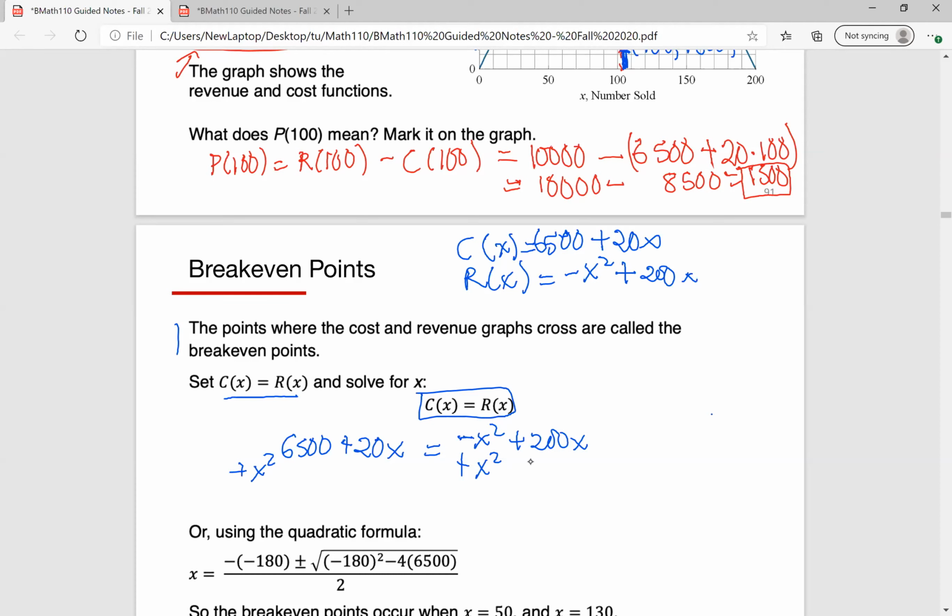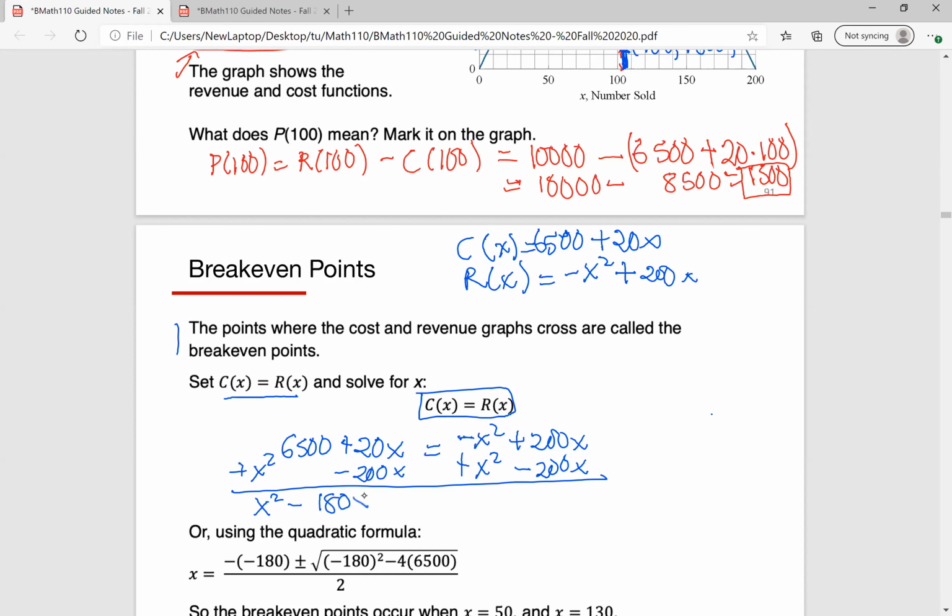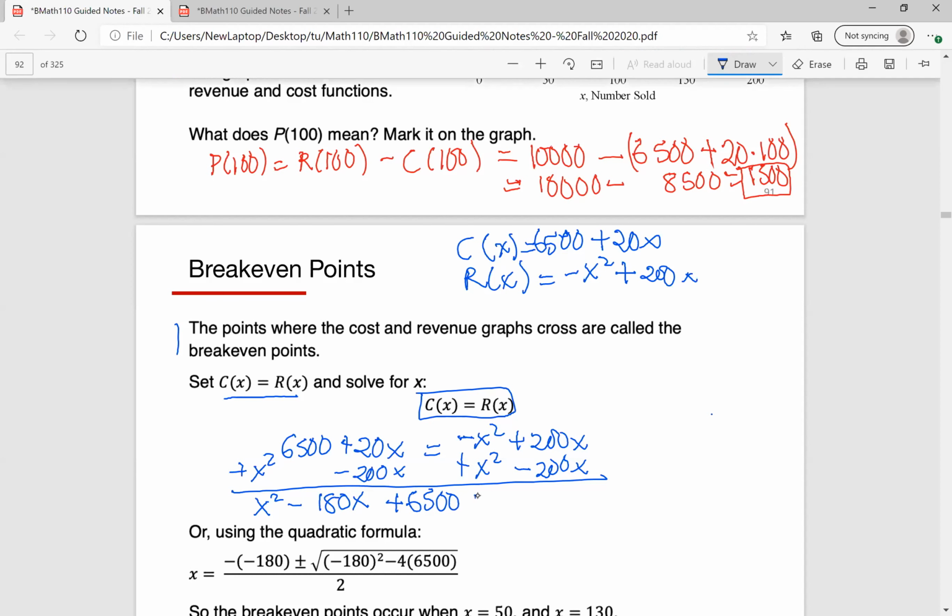And I'm going to subtract 200x from both sides. Then I'm going to have x squared on the left-hand side minus 180x, plus 6,500 equal to 0.